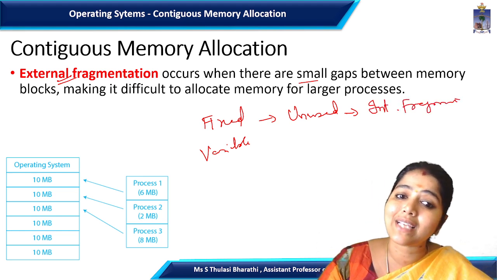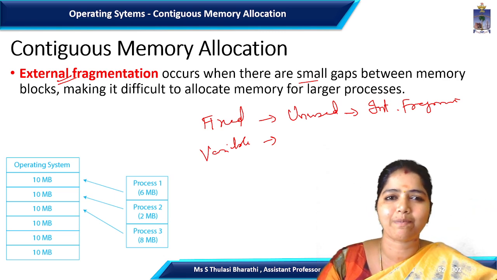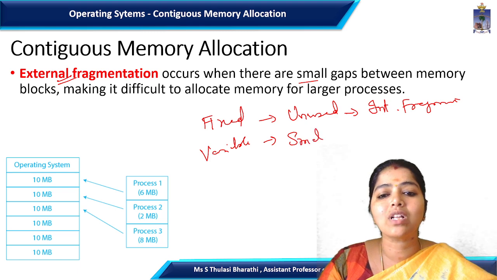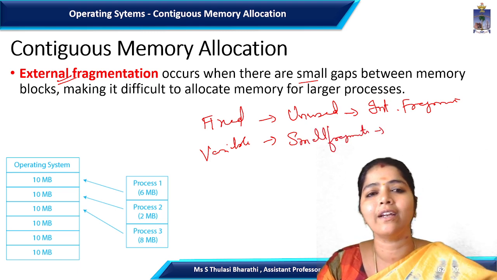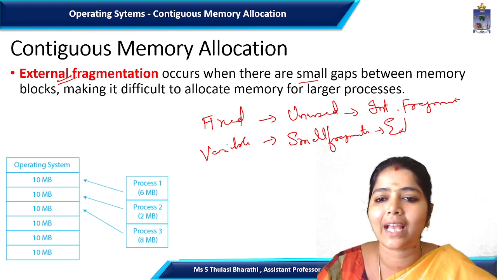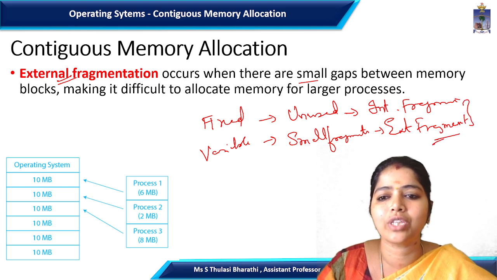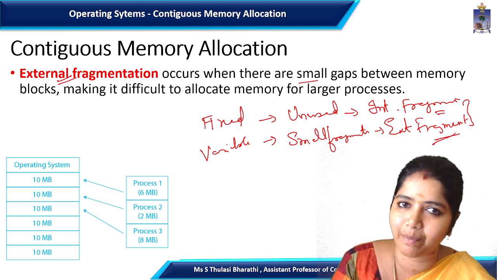With variable size, memory is allocated varying with the process's memory requirement, but there also small fragments will be created. Those small fragments will not be able to accommodate a larger process, and that creates external fragmentation. These are the main issues we face in contiguous memory allocation.